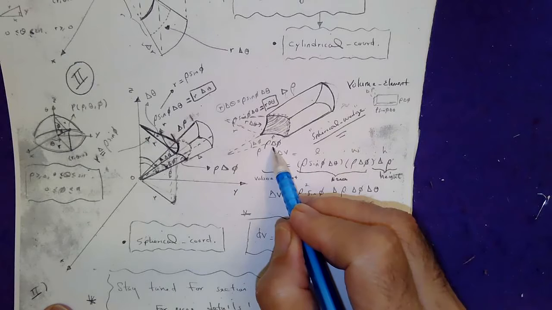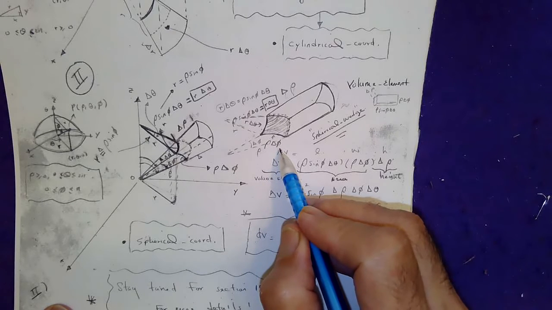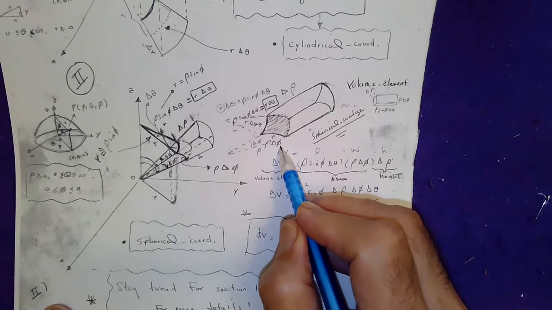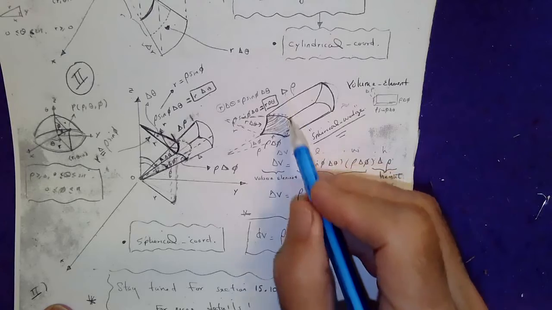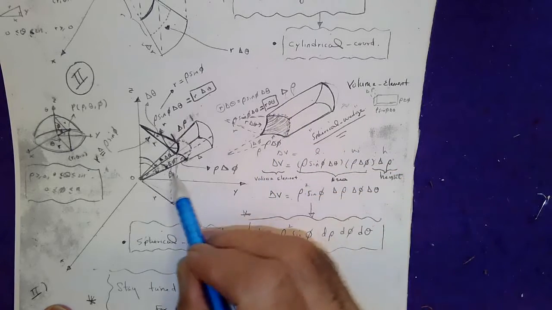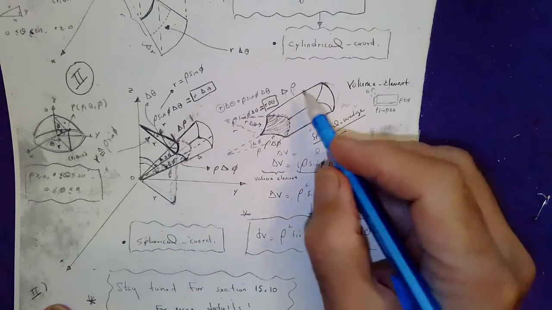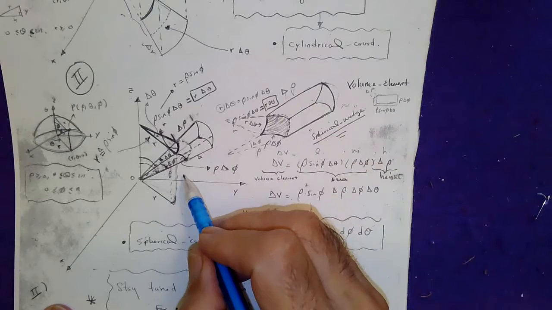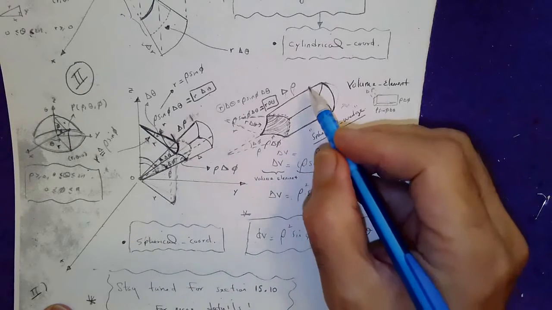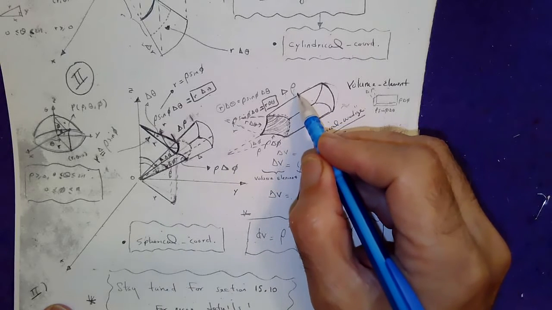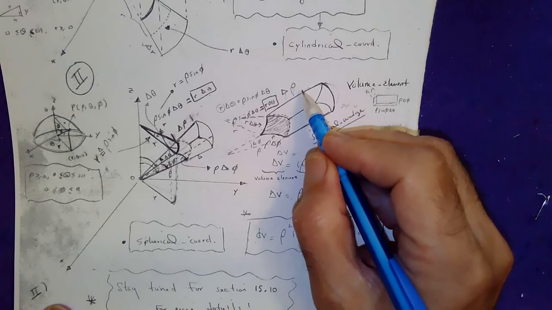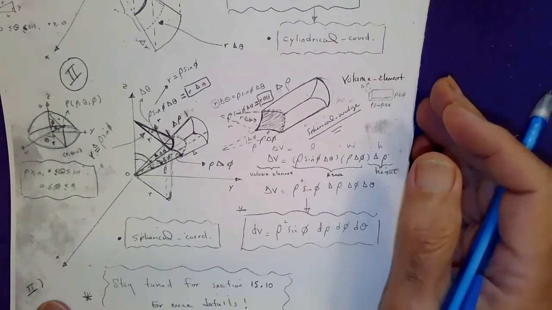This one stays as rho delta phi, not delta theta, but delta phi. And the length here is delta rho. So this is the change in the radius of the sphere.